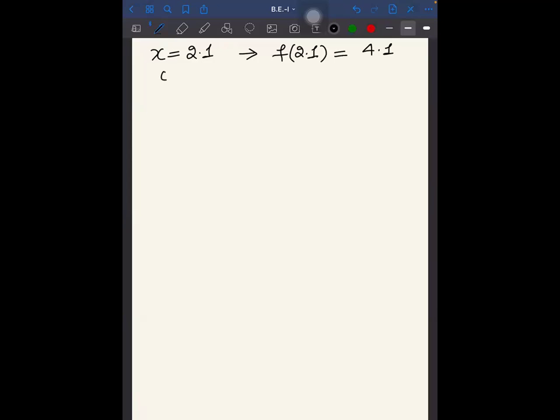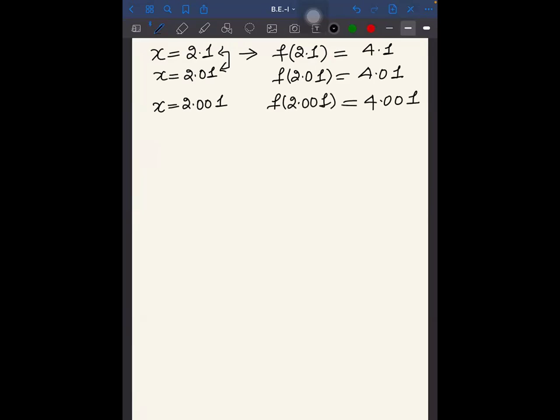If you take a closer value, like 2.01, the result will be closer to 4. So this is the example I guess most of you have already done.